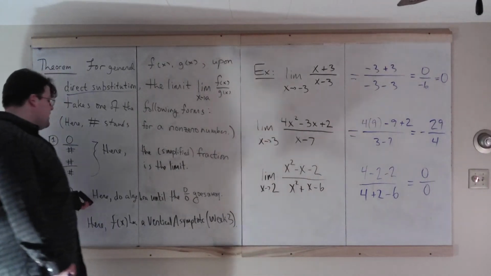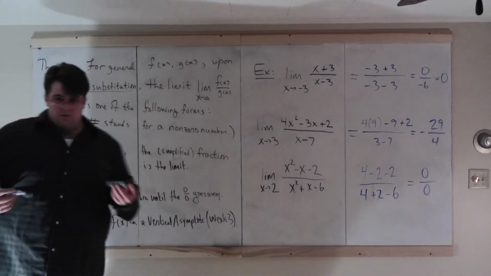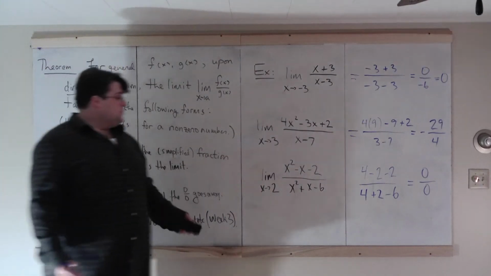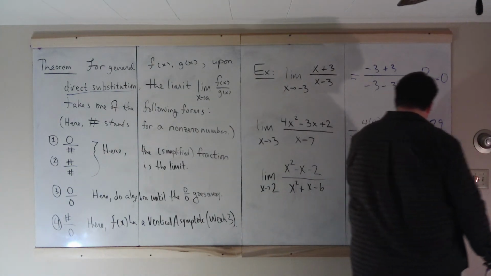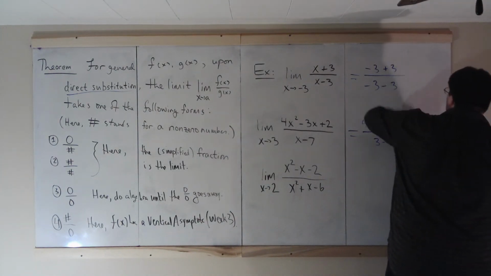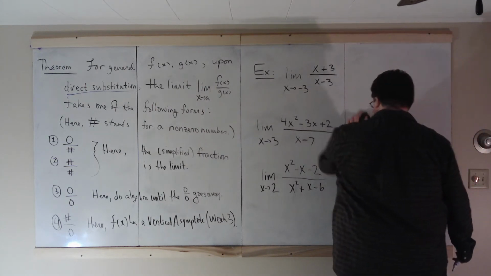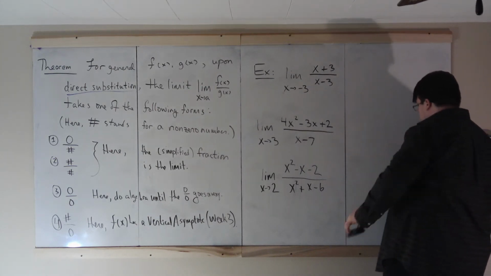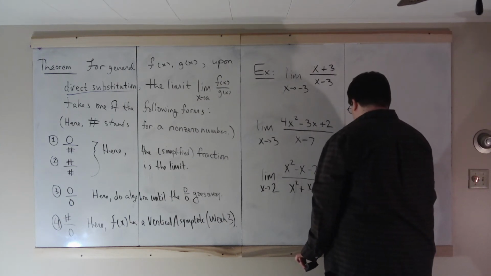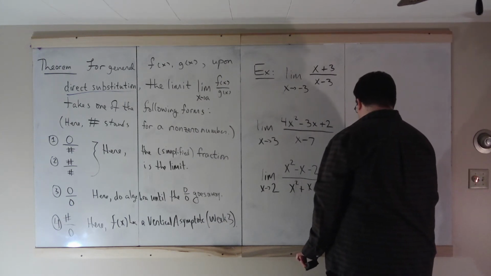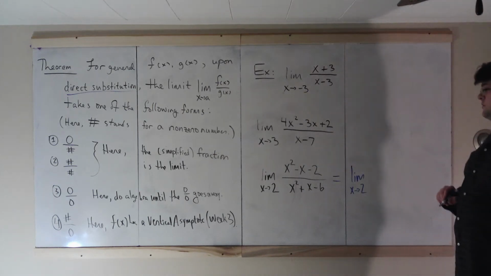We're going to see 3 different types of algebra we could use. This will be one of them. So here we get a 0 over 0. So that tells us we need to do some algebra. What algebra can we do? Well, we have 2 degree 2 polynomials. Do they factor?